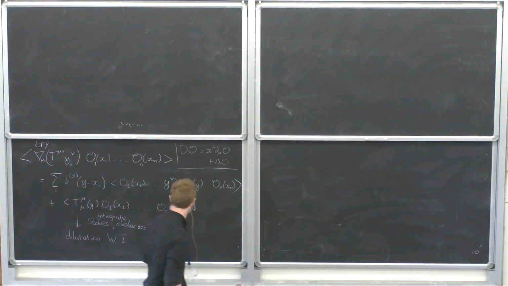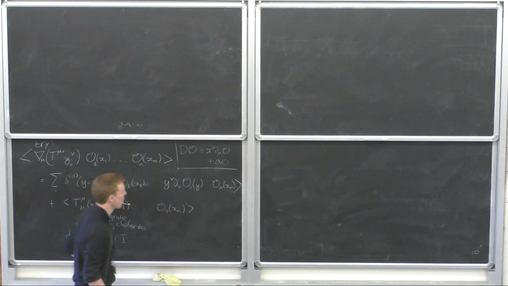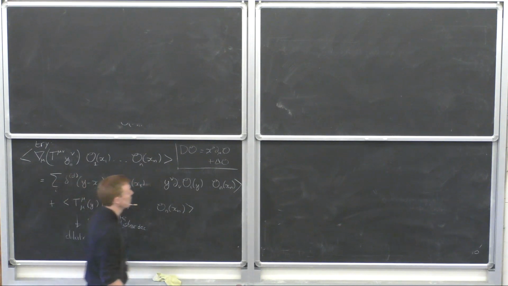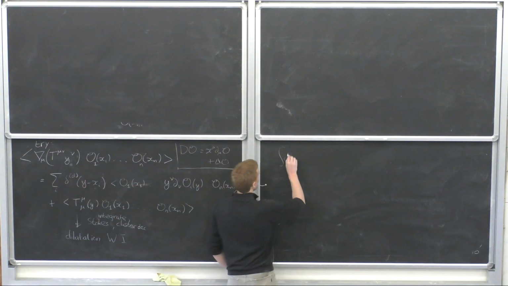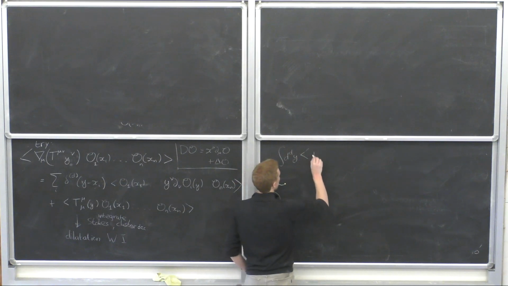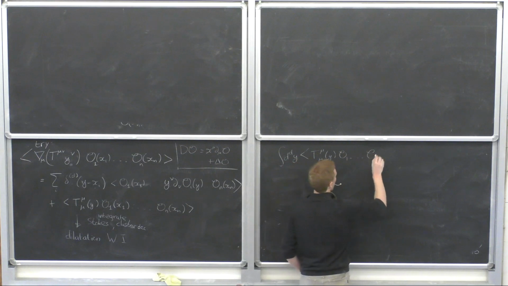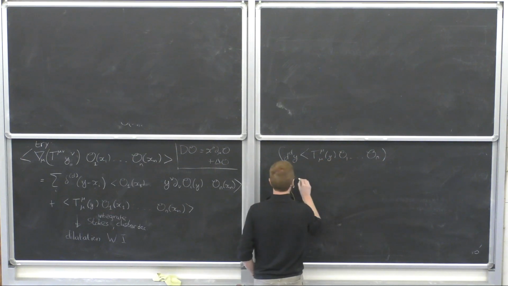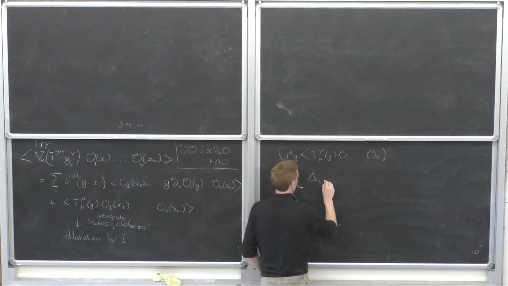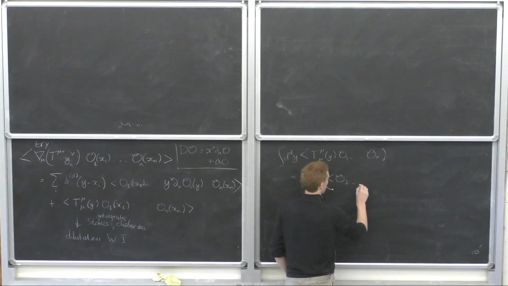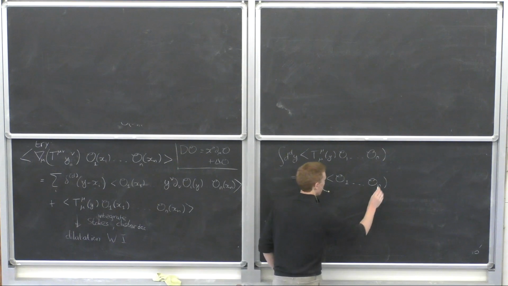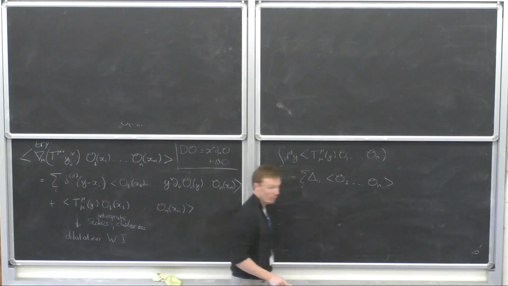So we need that if we integrate this, the integral d^d y of T_{μμ}(y) O_1 to O_n should give us what we need, which is the sum over i of Δ_i O_1 to O_n. Right, then we're happy.